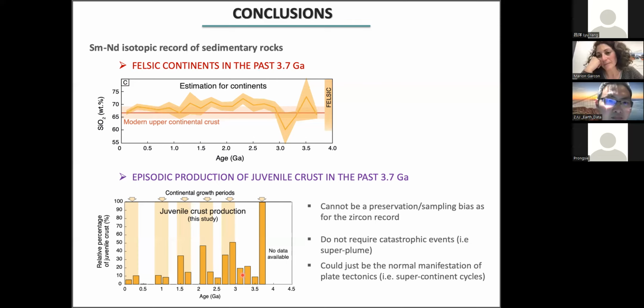And some of the bins are not statistically resolved because there are two data points in them or something like that. So the only way to resolve this is to measure more and more samples, and then go back to this in 10 years and add samples.